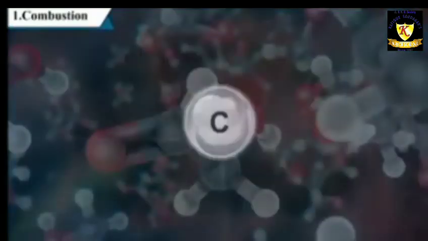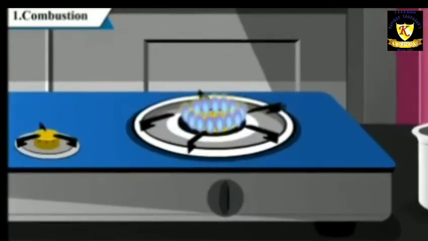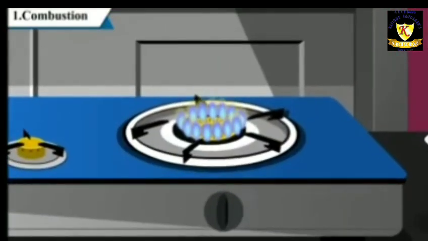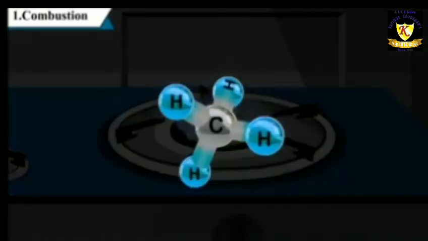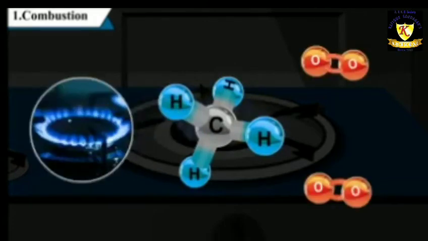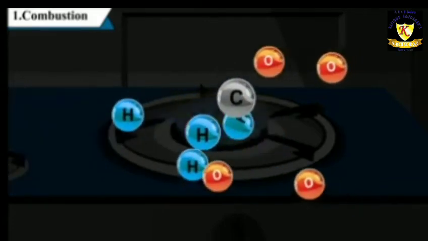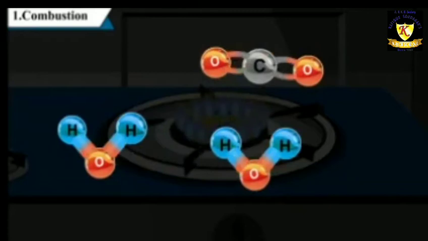Next is combustion. Let us first look at combustion as a chemical property of carbon compounds. We have seen in a previous standard that carbon in the form of various allotropes on ignition in the presence of oxygen undergoes combustion to emit heat and light and forms carbon dioxide.